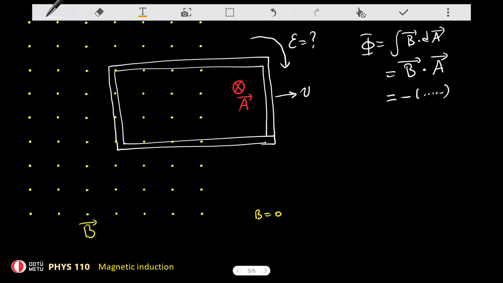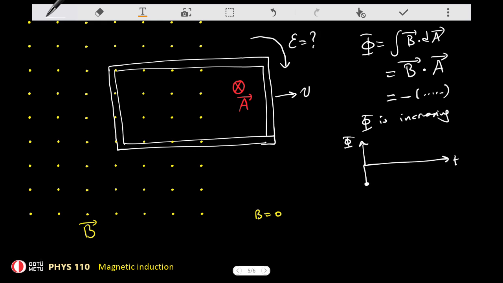Now, of course, I'm pulling the frame out, so this flux is changing. How does it change? Well, it becomes closer to zero, so it is increasing. So phi is increasing. Why? Because I can plot this flux versus time graph.